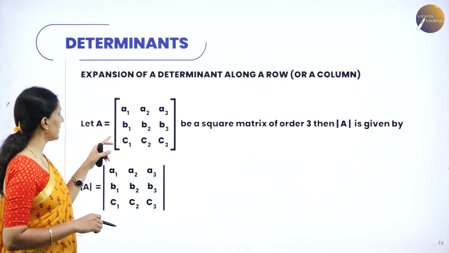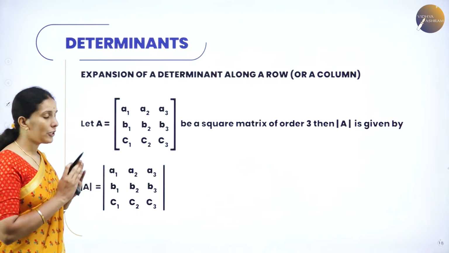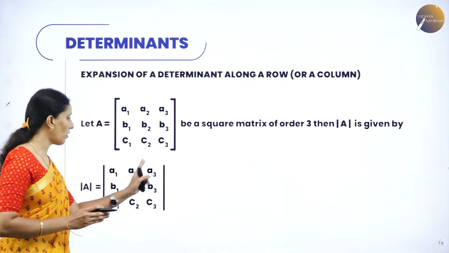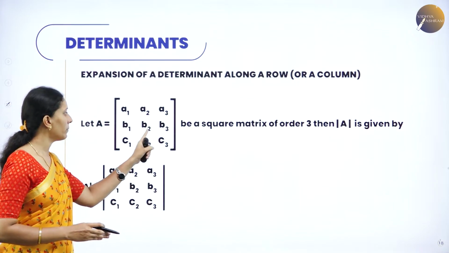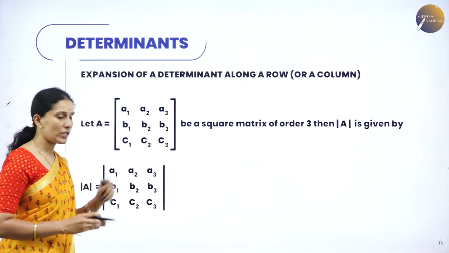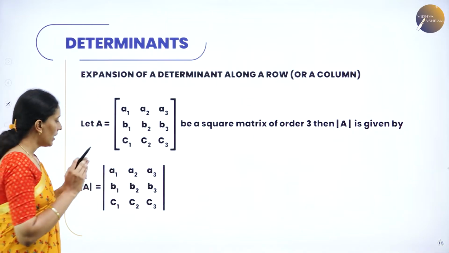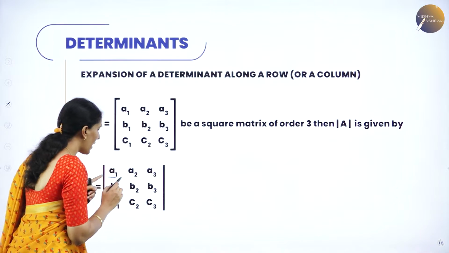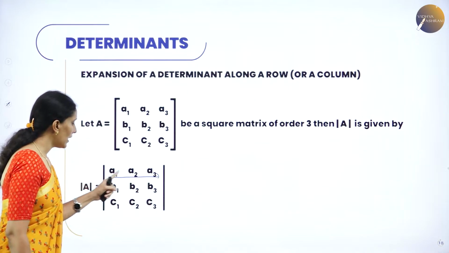So let us consider here. This is a square matrix of order 3. Then determinant of a matrix is written in this form, det A: a1, a2, a3, b1, b2, b3, c1, c2, c3. Now let us expand it. I am showing you how to expand it through the first row. So we are taking the elements of the first row.